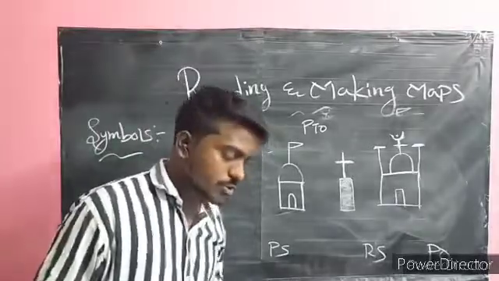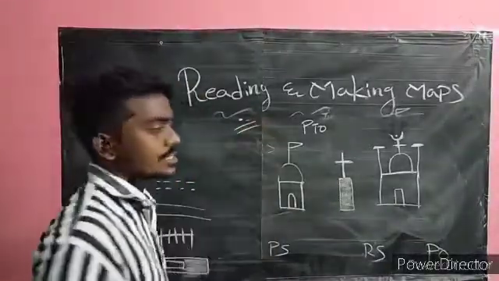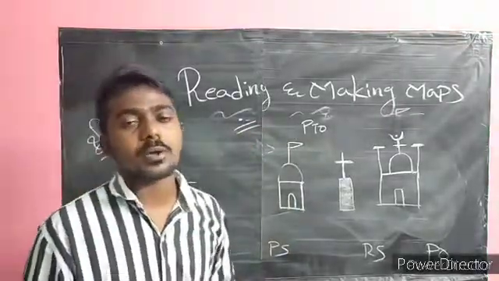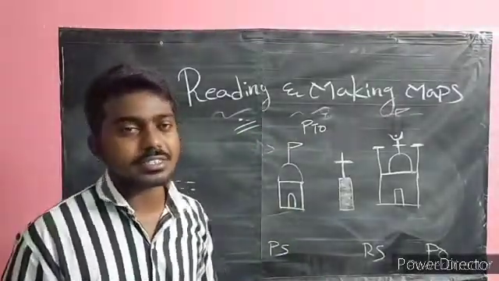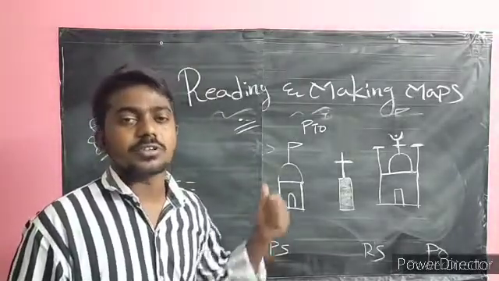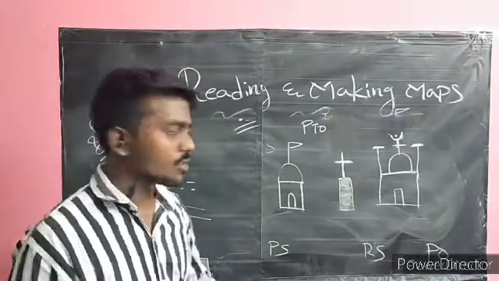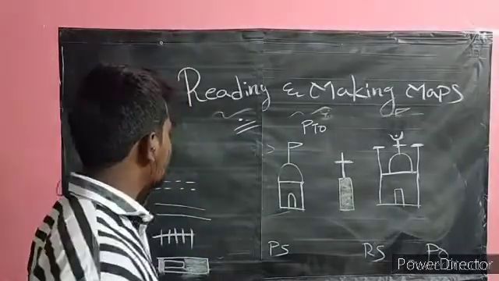If you have to show the boundaries, we can make two lines. This line tells about the boundaries of our country. This dot tells about the capitals of our country or state. Okay, you have to know about this one.